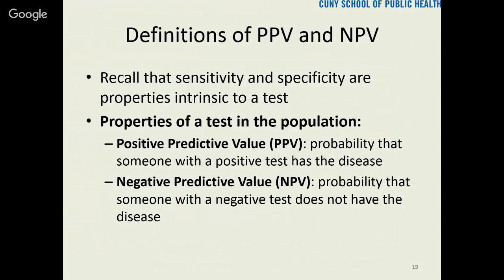And these are the things that actually matter to the patient. So the positive predictive value is the probability that someone with a positive test has the disease. Negative predictive value is the probability that someone with a negative test, in fact, does not have the disease.